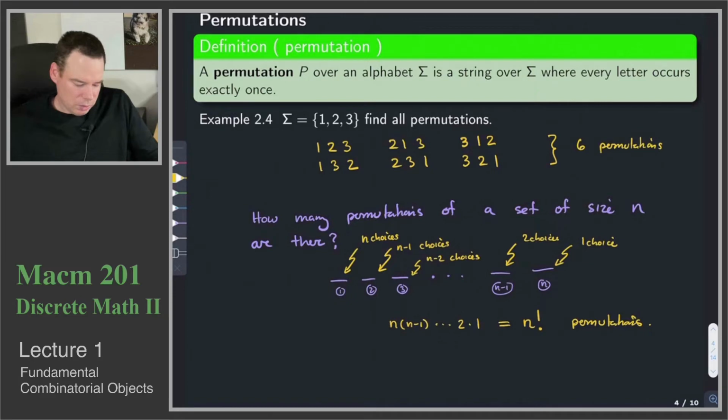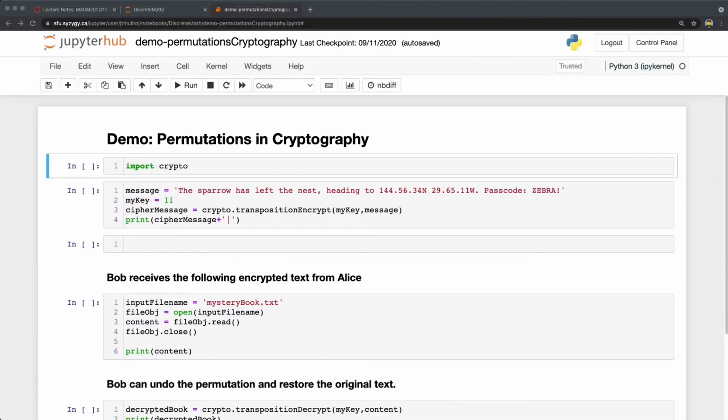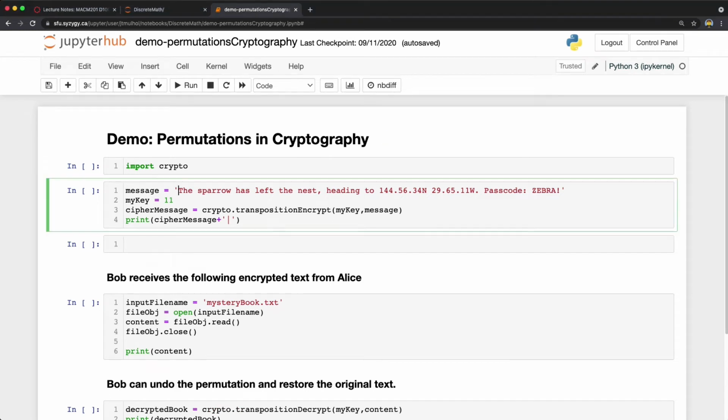Permutations, we're going to see them come up over the course of the term, but I just want to show you a fun little example of where a permutation could be used. Permutations do get used in cryptography. For example, I've got a message here: The sparrow has left the nest. Heading, and there's the coordinates of where it's heading, and then passcode. So there's a secret message.